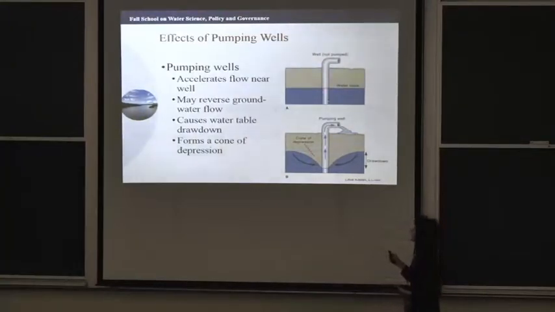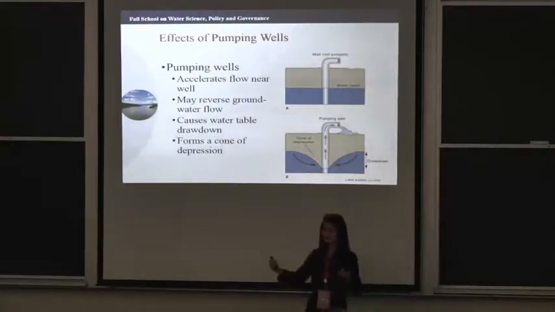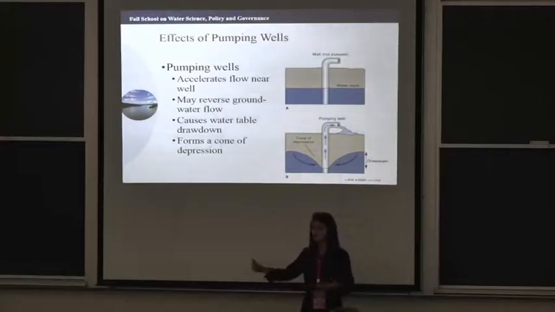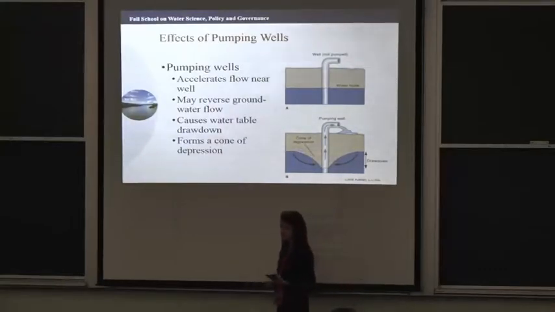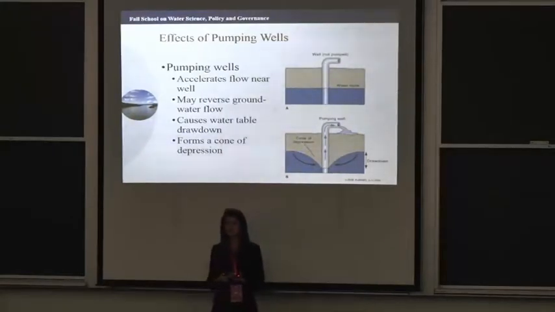If you pump a well, there's a pressure difference and the water flows upwards, but then the water leaves this area and you form a cone of depression. Over here there is no water. Water moves radially, it takes water closer to the well and then spreads wider. So these cones of depression, if they are not recharged, can lead to permanent lowering of the groundwater table.